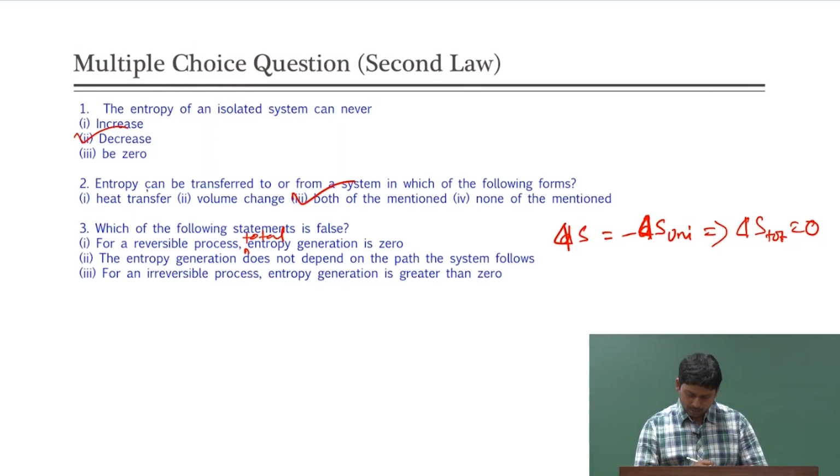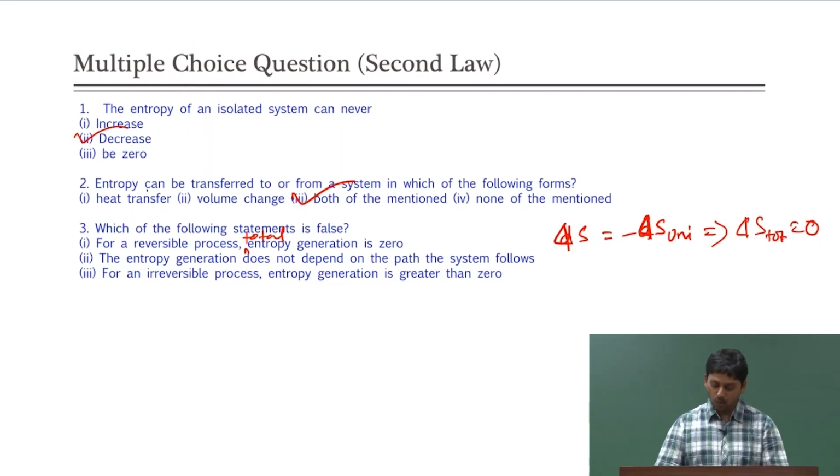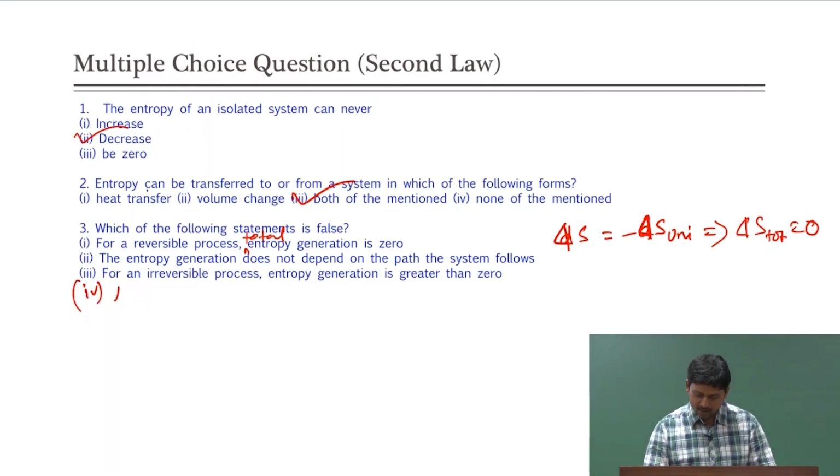So, first of all, the first statement is right, and the second statement seems to be right as well, does not depend on the path that the system follows, meaning it is a state function, it is not a path function. True, but for an irreversible process, entropy generation is greater than 0, and that is also true. So, all are true. So, I would say that the answer is none of the above.